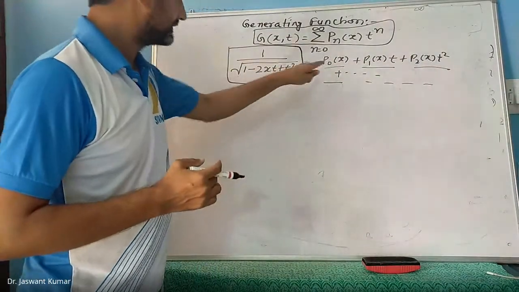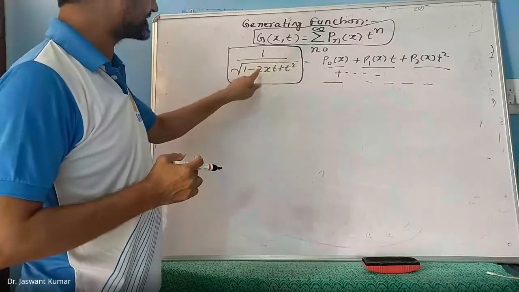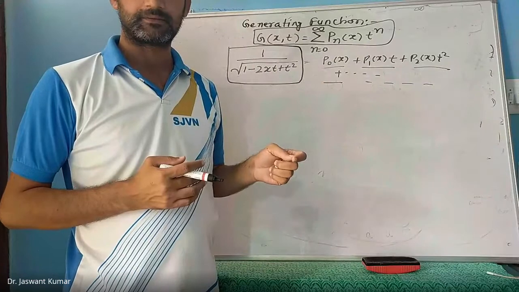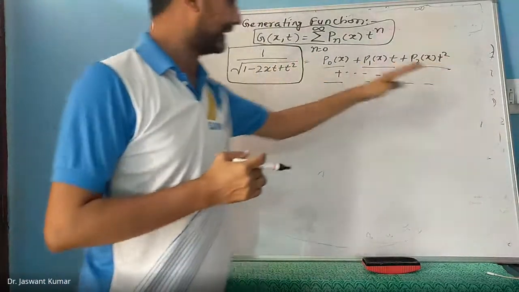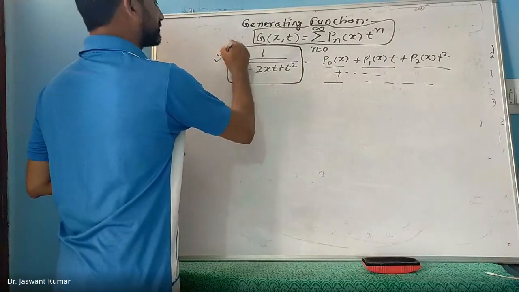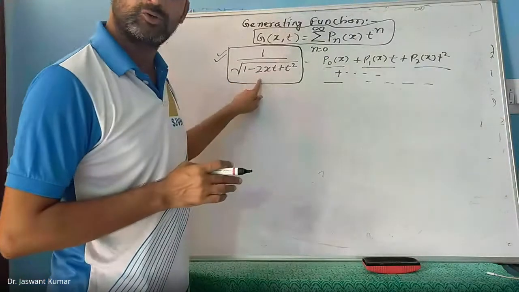Whether the sum of this infinite series is this or not is a matter of verification. So what we did is that we did this sum, reached this answer, and then verified it. That is why this is known as the generating function. So in that way, this is not too magical.